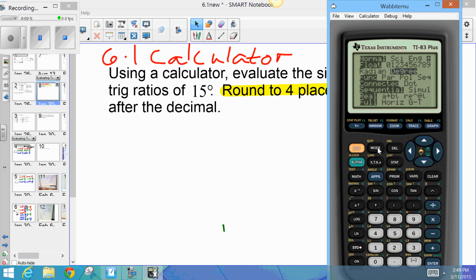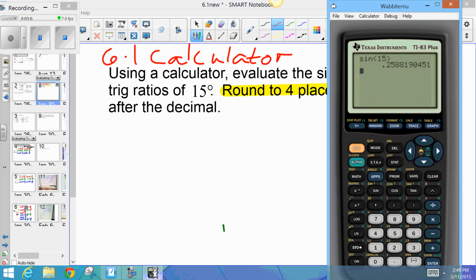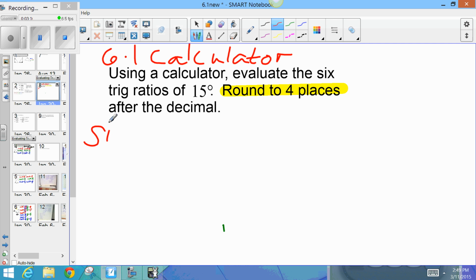So there we go. I'm going to go sine of 15. Enter. That's how easy it is. All right, so that's 0.2588.